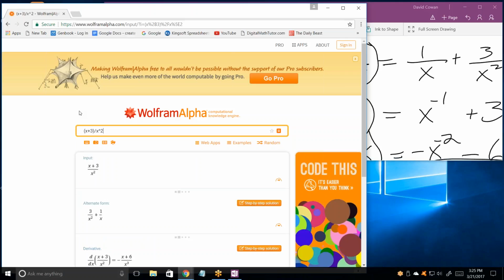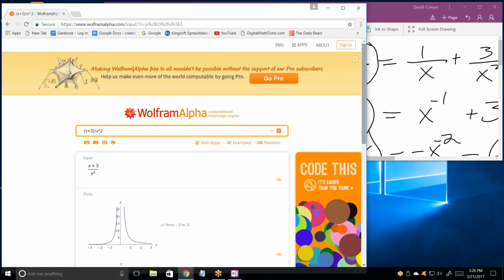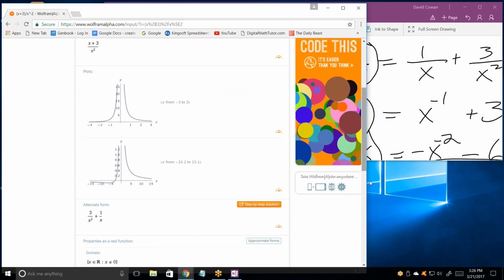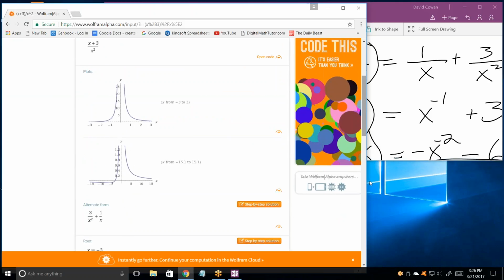It's very confusing a lot of times as to which you're supposed to use. Okay, well, there's my function. Now, I can tell that first of all it's not differentiable at x equals 0. I've got an infinite discontinuity, and whenever you have discontinuities at all, it's not differentiable at that point.